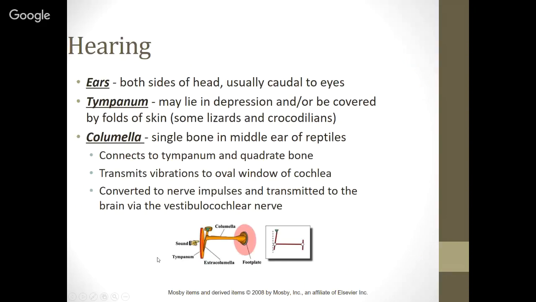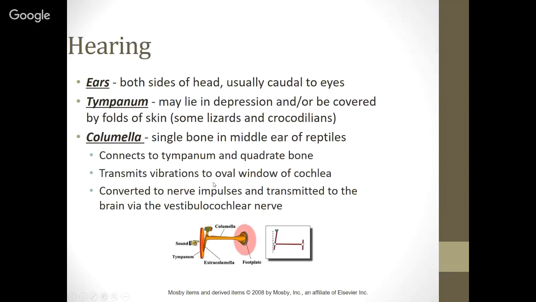Ears, hearing. Ears are on both sides of the head, usually caudal to the eyes. They do have a tympanum, which may lie in a depression or be covered by folds of skin in some lizards and crocodilians. They have a columella, much like the avian, which is a single bone in the middle of the ear of reptiles. It connects to the tympanum, which is the eardrum, and the quadrate bone, which is a part of the skull.